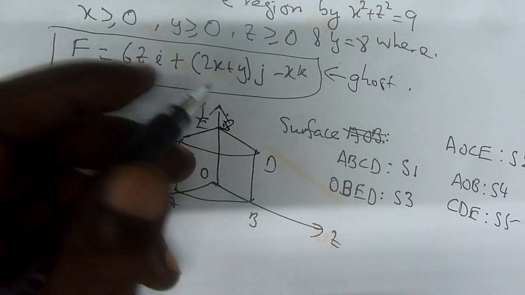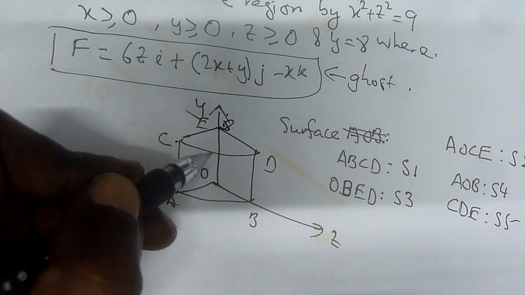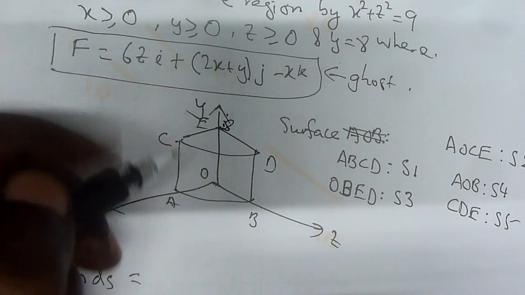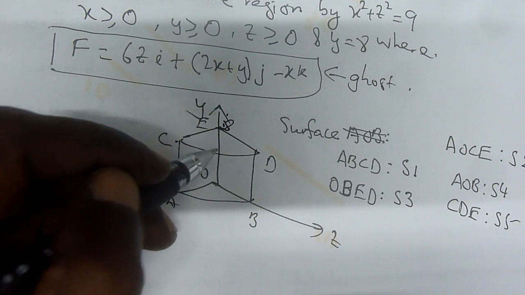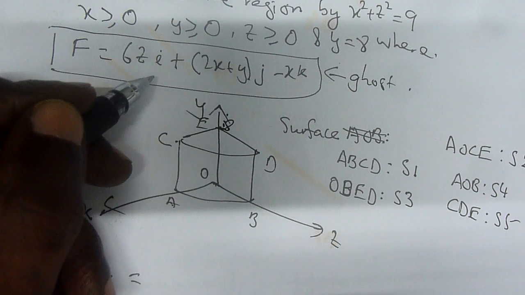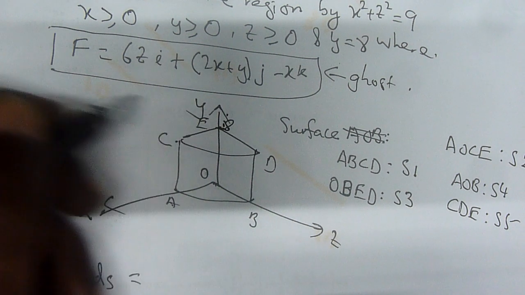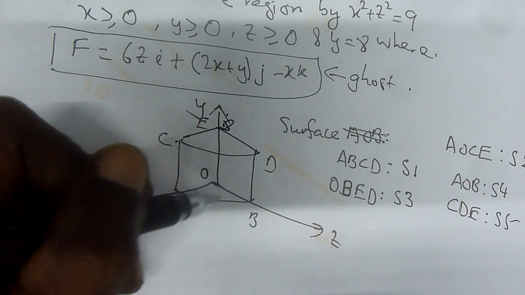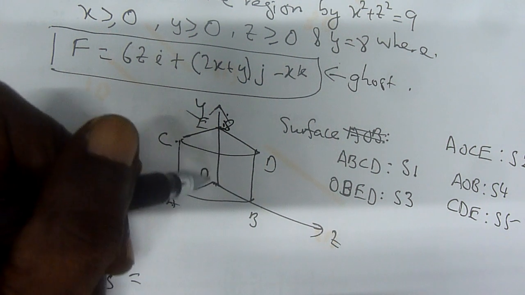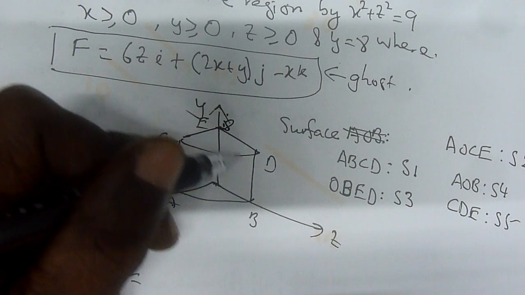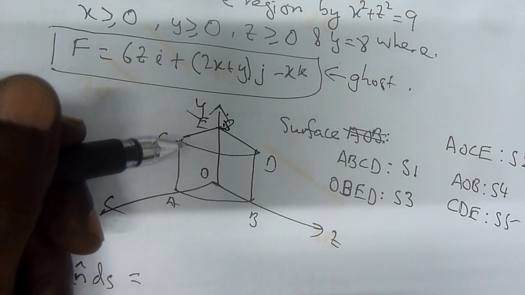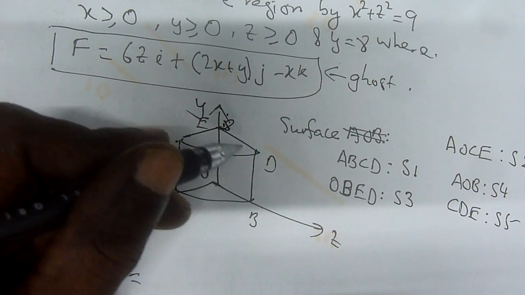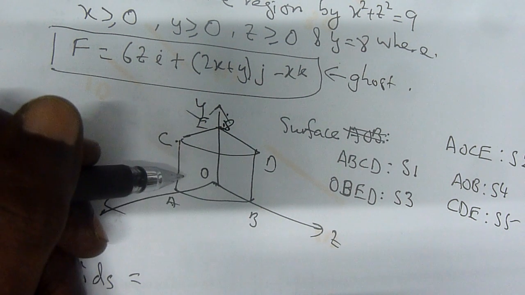Actually, we want to see how these charges are scattered on the surfaces, and how this charge will react to the external world. That is our concern. We are not interested in how the charge is spread inside the volume of this cylinder. We want to know how these charges are scattered on these surfaces.